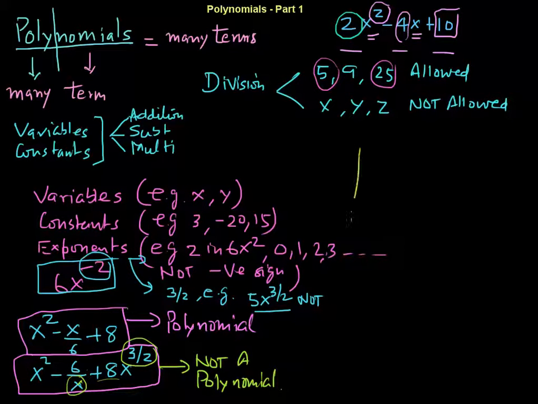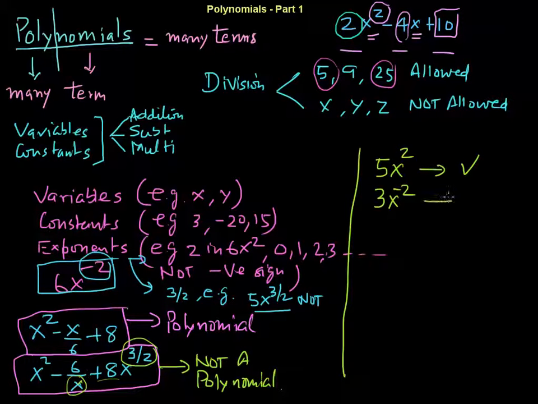So let's do a quick quiz. If I have a term like 5x squared, is it a polynomial term? Yes, it is, because it has coefficient 5 and the exponent is positive. Let's take 3x to the power minus 2. Is it a polynomial term? No, it is not, because it has minus 2 as the exponent.